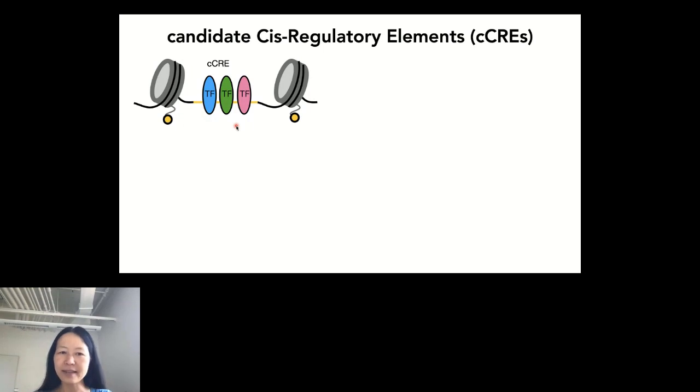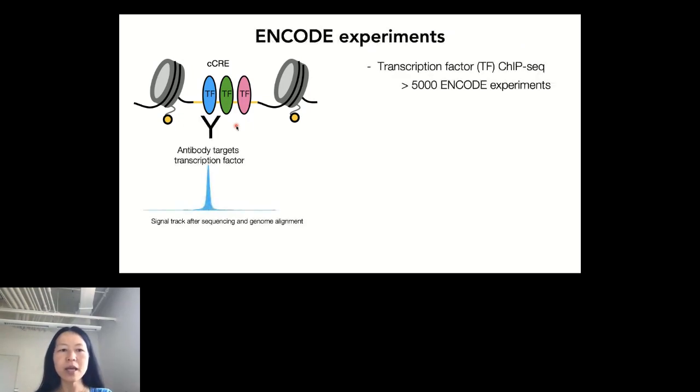They bind there instead of a nucleosome. And in order to detect cis-regulatory elements, we could use antibodies against each of these transcription factors, pull them down, perform this ChIP-seq experiment. And ENCODE has performed like thousands of these kind of experiments.